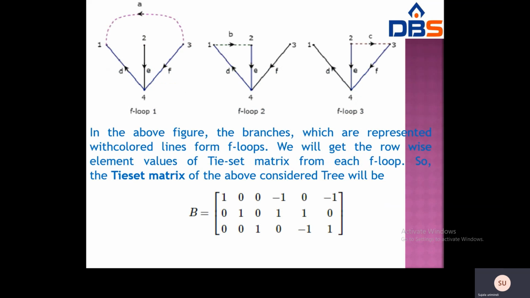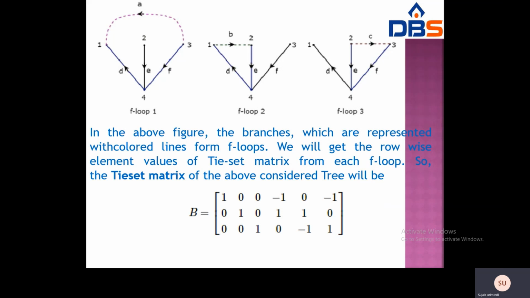So here when you observe, for the first f-loop, D, E, F are the 3 branches, and A is the link. For the second loop, 1, 2 is another link, and for the third loop, 2, 3 will be another link.